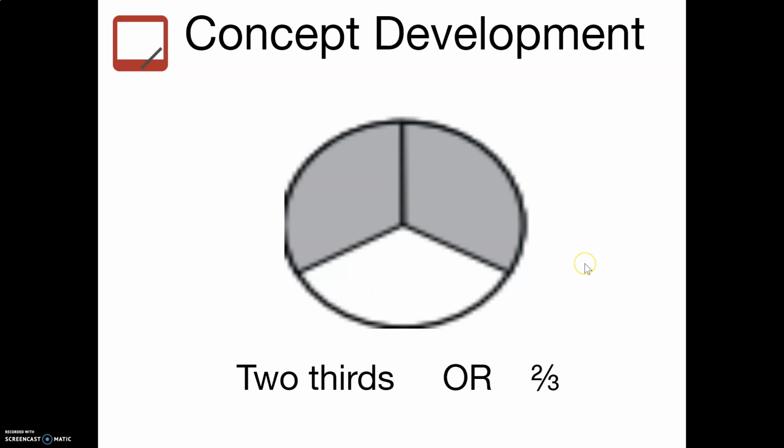That is what we call a fraction that is not a unit fraction. Remember, a unit fraction is only one. It will always represent one part or one unit. The fractions that have more than one part shaded in are non-unit fractions.